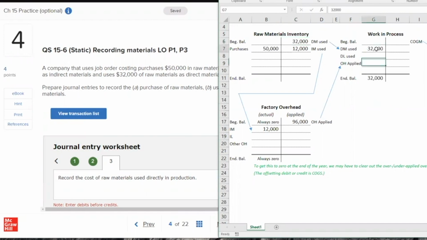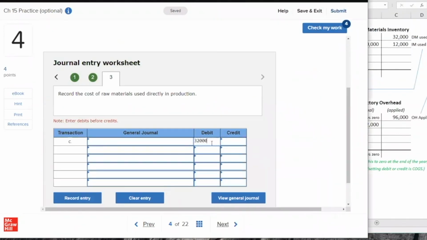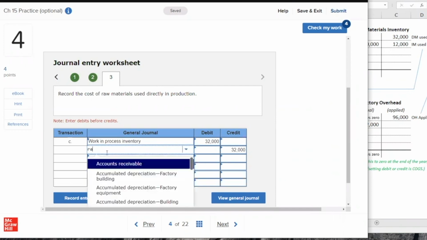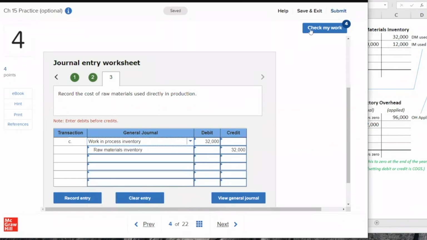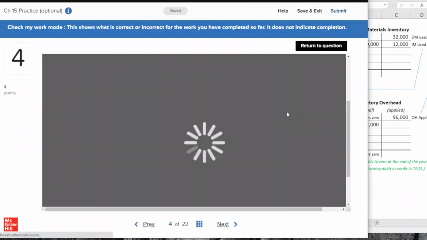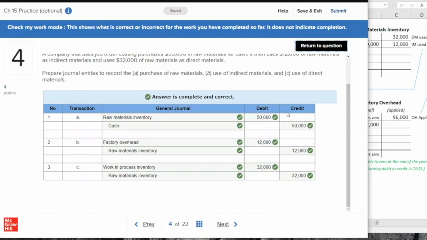So as you can see, we're going to debit work in process, credit raw materials. Just know the difference between indirect materials and direct materials.